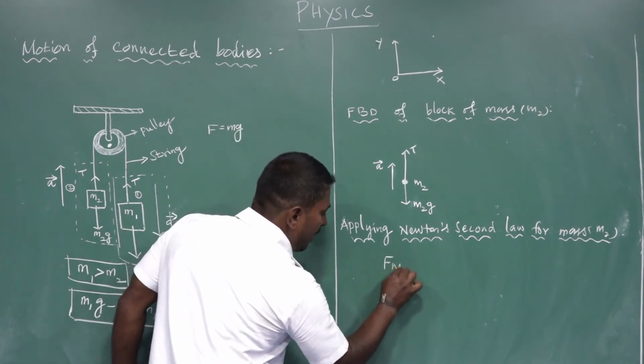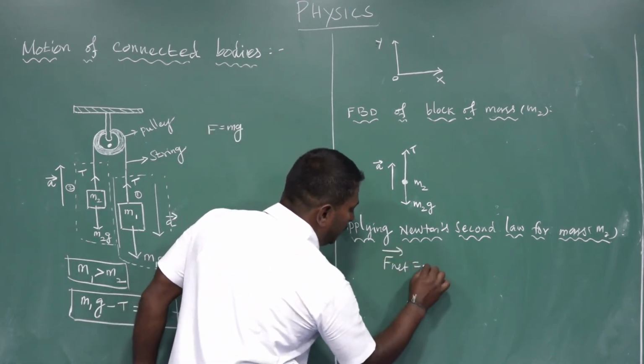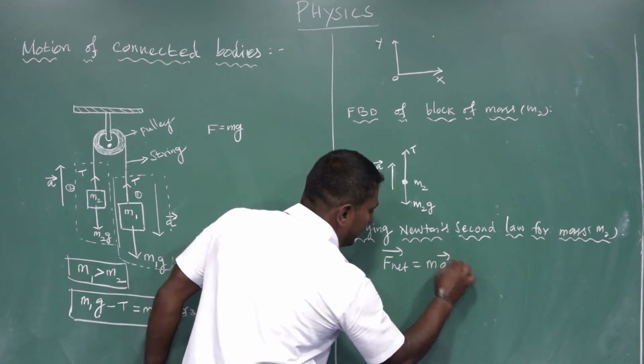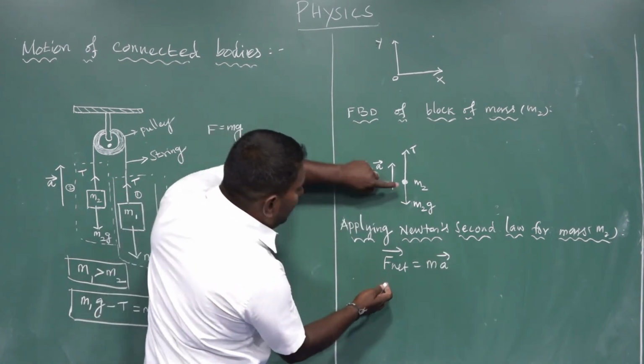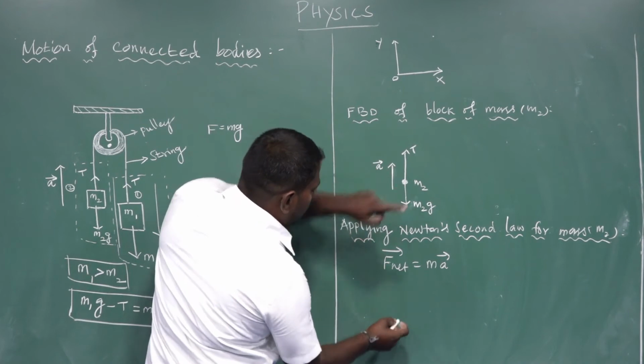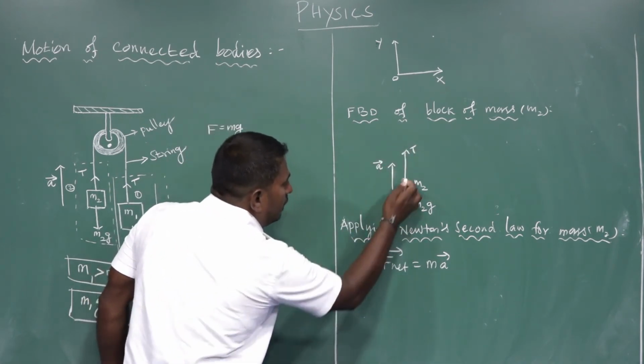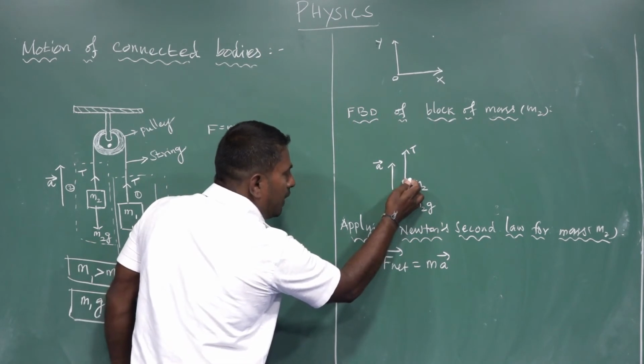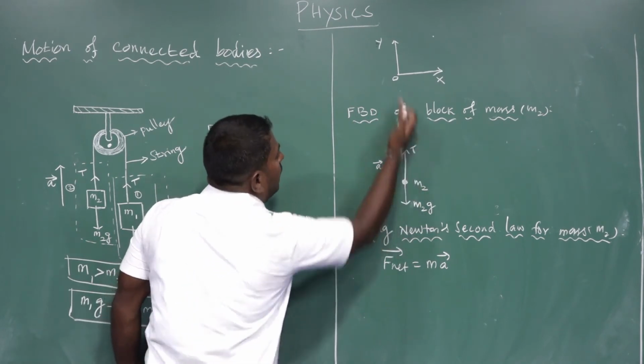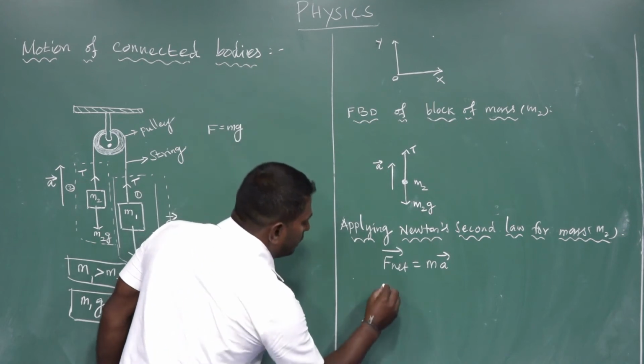Net force acting on the block is equal to m into a vector. What are the net forces acting on the block of mass M2? First one, tension force is greater. The tension force acting on the block of mass M2 is in the vertically upward direction along the positive y-axis.